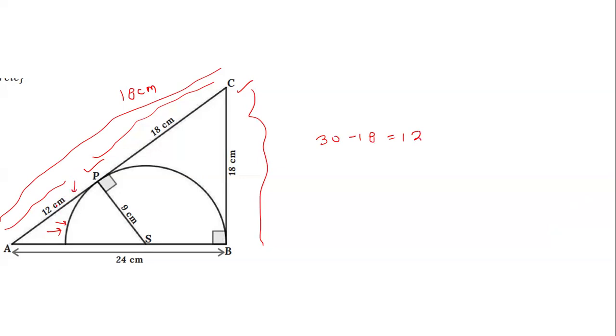So this is 12 centimeter, and now you see there are two triangles, and from S we are drawing a perpendicular to this tangent AC. So this is a 90-degree angle. Now you see there are two triangles, triangle ASP and triangle ABC. Here you can see that this angle is common to both the triangles, and one angle is 90 degrees here and one angle is 90 degrees here.